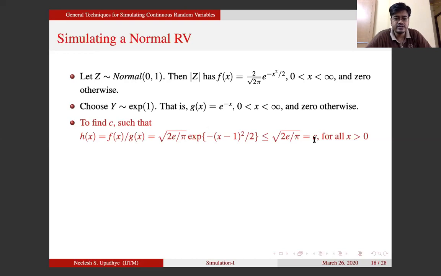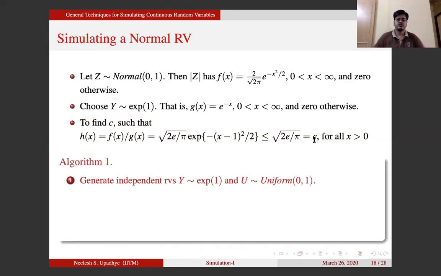Then if we use the algorithm that is given in the rejection approach, we will get a density of |Z|, and we need to somewhat fine tune our procedure to get the density of Z. We will see that in this algorithm.